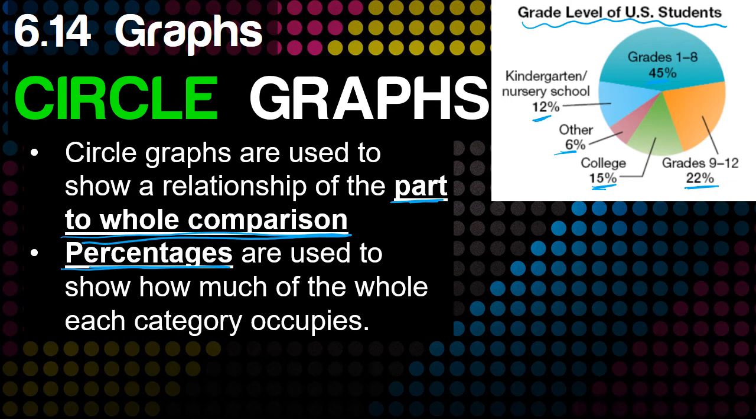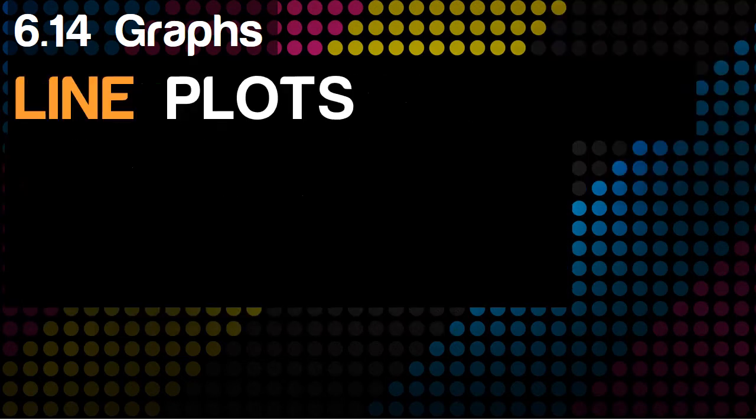These are used to show the different parts. With these percentages, we can see that the biggest group of students are between 1st and 8th grade at 45%. The next biggest would be our high school students. You are almost high school, give it a couple more years. And by finding different percentages, we can make different comparisons. We can say that there are double the number of students in grades 1 through 8 than there are in high school. And we can make all kinds of different predictions and analyze the data differently.